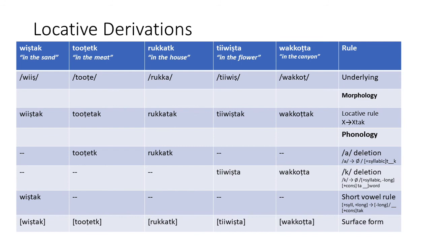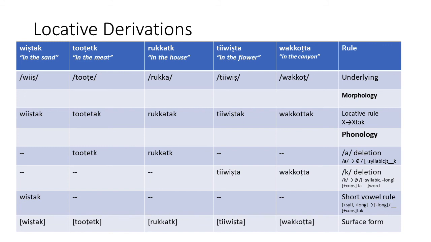There is no ta in torchet because we got rid of that A. So this does not apply. Again, the short vowel rule does not apply because the E in torchet is short. It doesn't have to be shortened. It's already short. So that is how you get torchet.